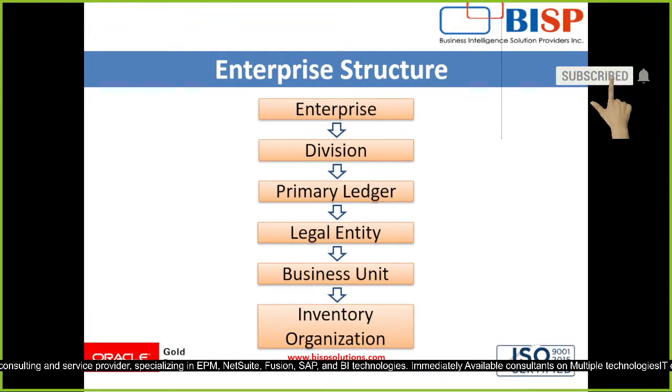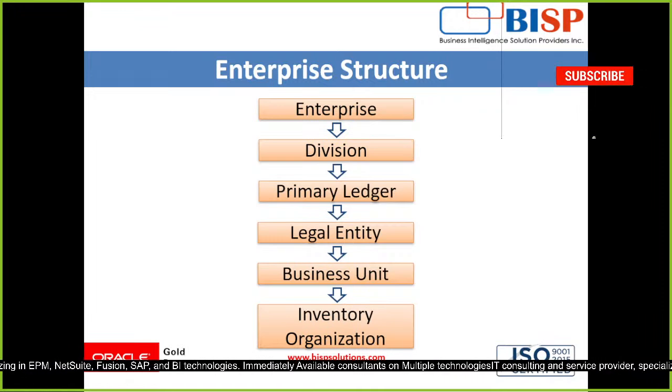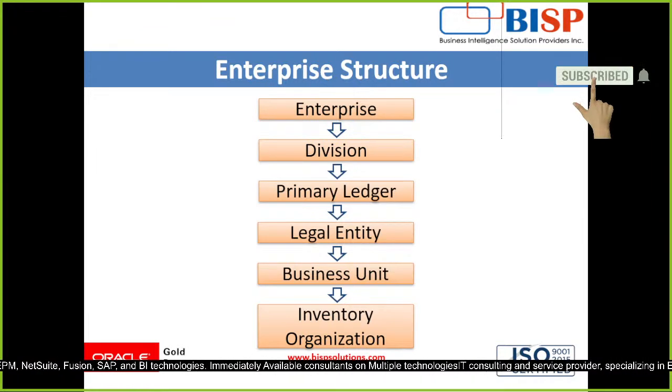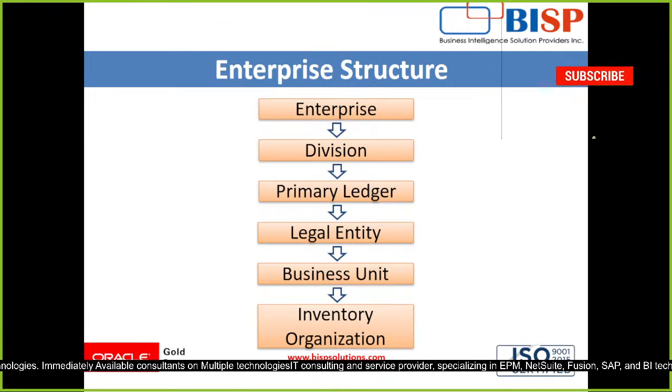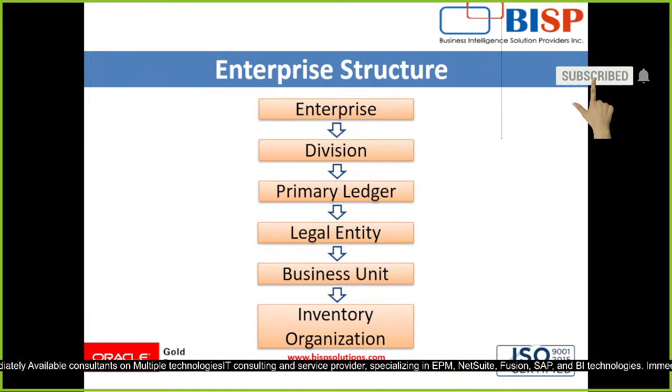You can see first is enterprise, second one is division, right? So to understand the enterprise structure, start from the enterprise. So what is the enterprise? Enterprise is the top level entity and it will contain the details of client and their headquarter information, and it is the mandatory configuration in Fusion.